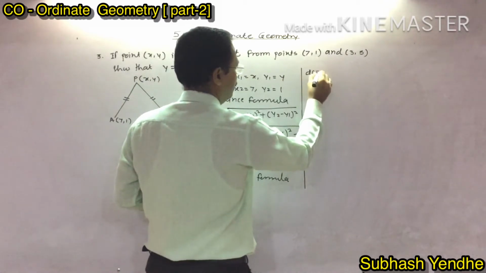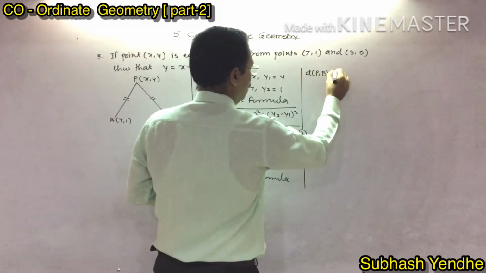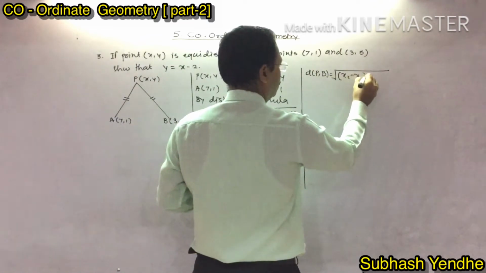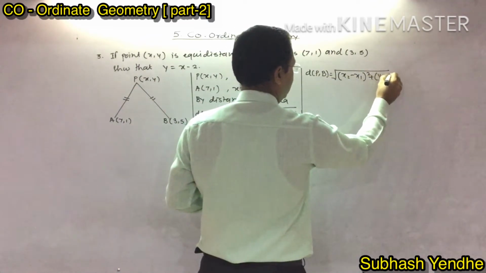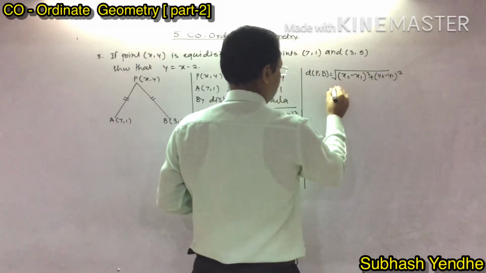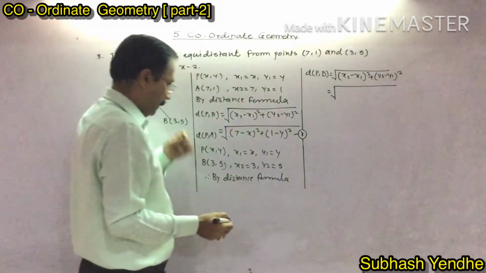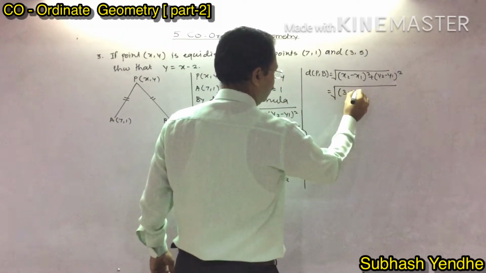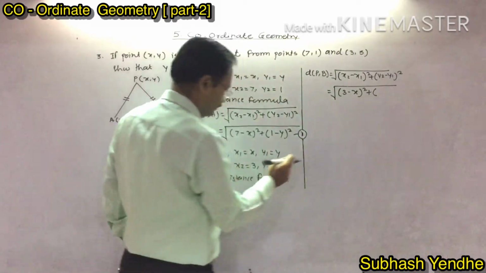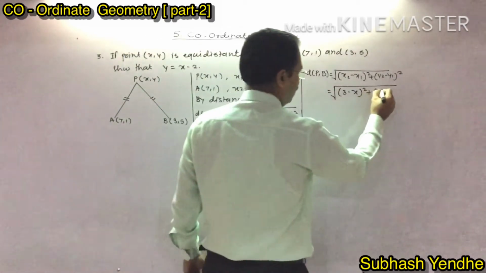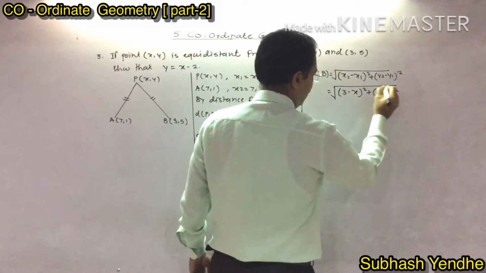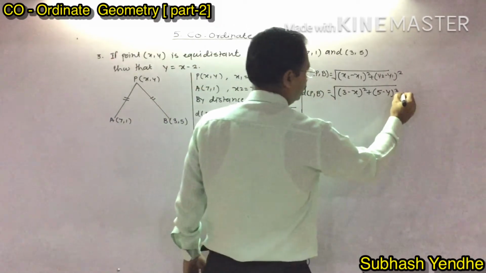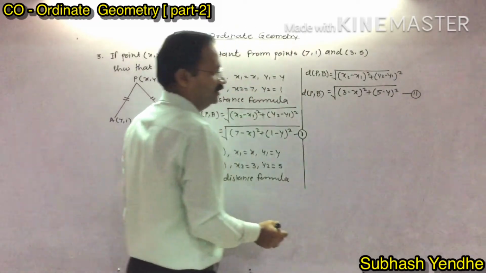Distance PB equals under root x2 minus x1 bracket square plus y2 minus y1 bracket square. Now substitute the values. x2 is 3 and x1 is x, 3 minus x bracket square. y2 is 5, 5 minus y bracket square. So it means distance PB equals this one. So I am going to give the number 2.